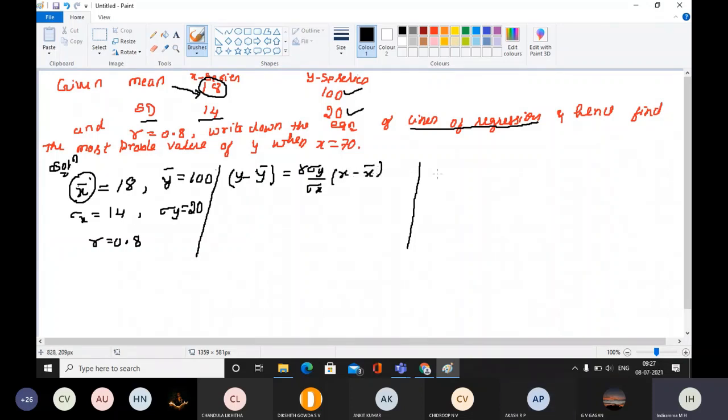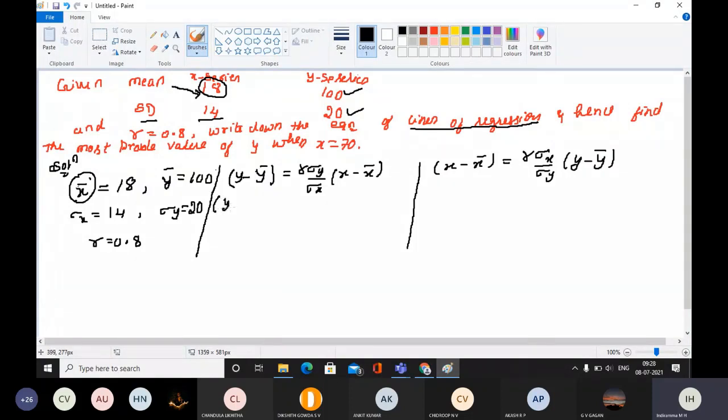What is the second regression line? X minus x bar is equal to r into sigma x by sigma y into y minus y bar. Now substitute all the values that we know.